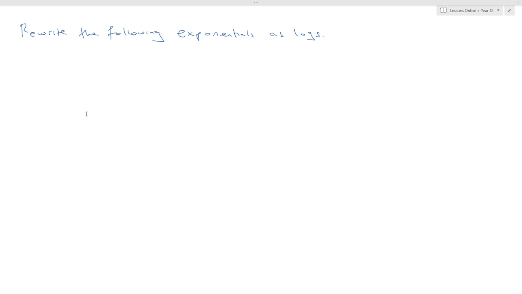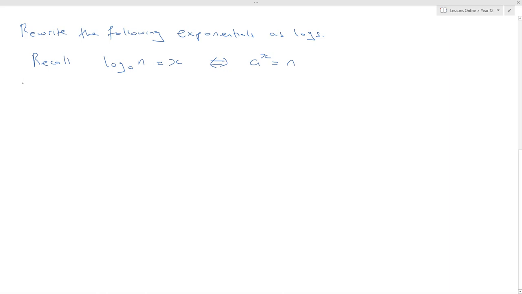Okay, a few more examples for you. Now, if you recall, the general form said log to the base a of n is equal to x. That's equivalent then as an exponential. You can say a to the power of x equals n.